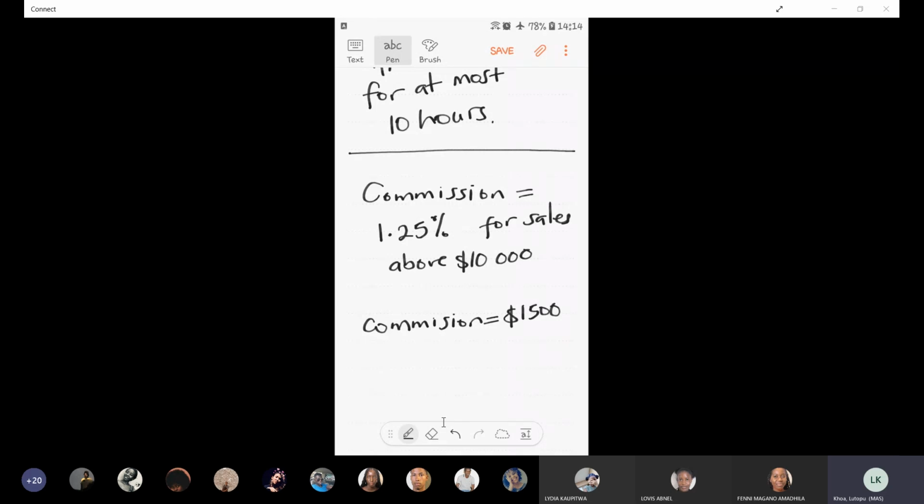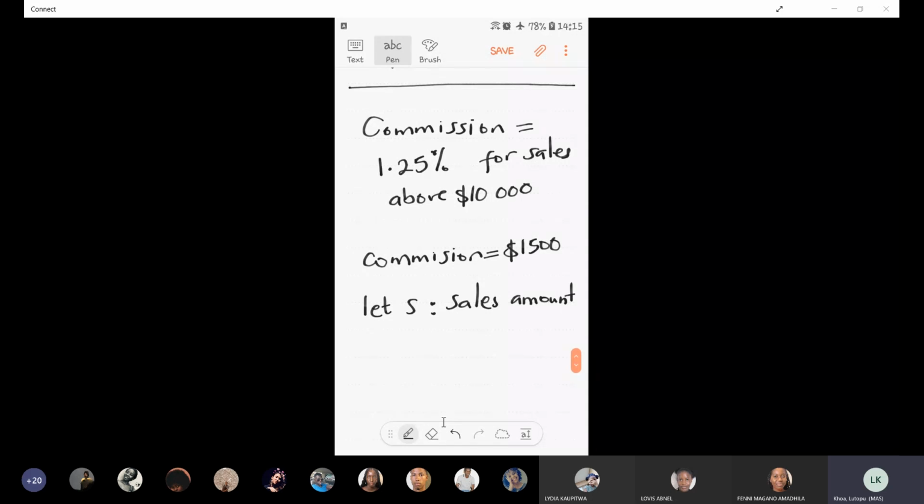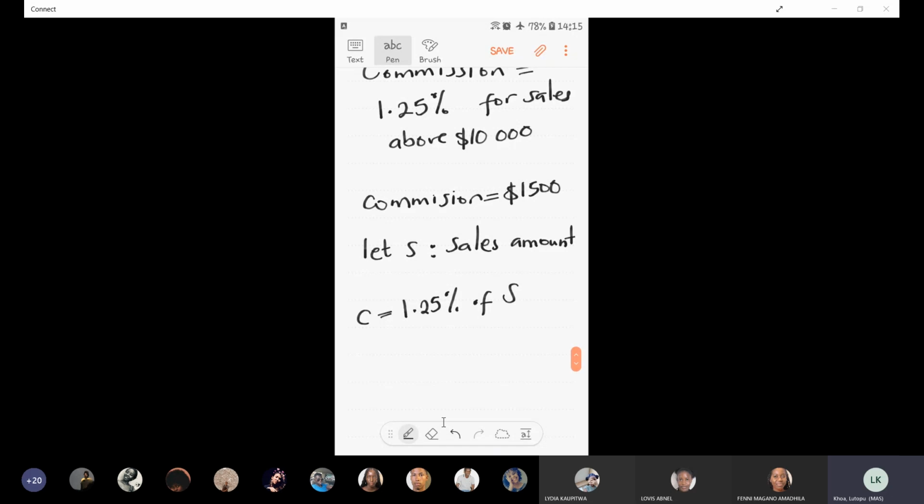So what we do is we can let S be the sales amount. And then we want the commission to exceed 1,500. So we calculate the commission by saying C is equal to 1.25% of S. That is how we calculate her commission.